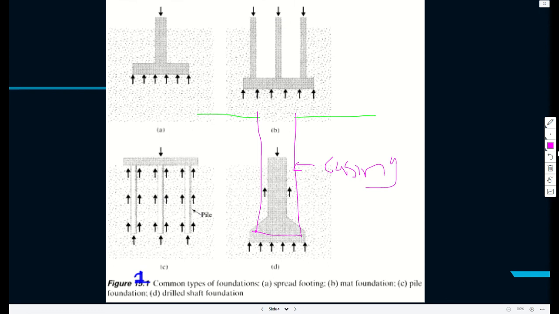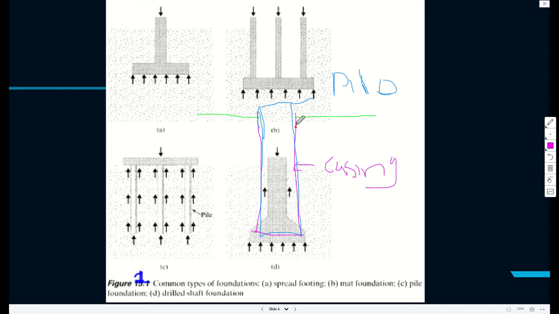So this casing keeps the wall stable, and then you can bring your pile there. Eventually, you put your pile. Once you fit your pile, so this is your pile, then you can remove your casing.